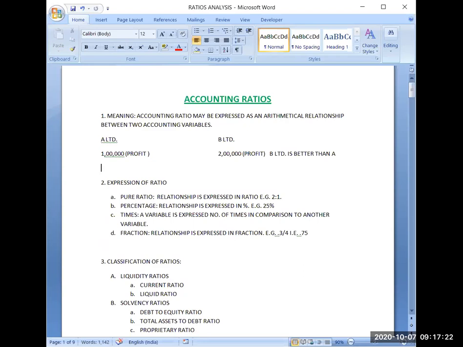But at the same time, if I give you another piece of information along with it, that capital of A Limited is rupees 10 lakh and the capital of B Limited is, suppose, rupees 40 lakh.